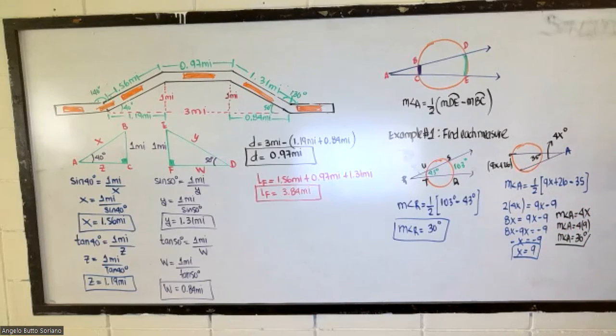But if you really want to know the measure of the arc CD, the expression is 9x plus 26. I mean, 9 times 9 plus 26, I mean, 81 plus 26, and that will be 107 degrees. And this is going to be the solution set for this problem.